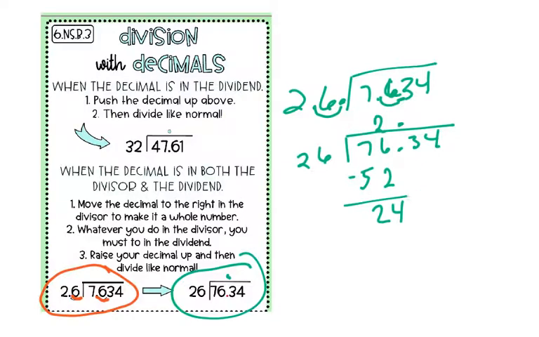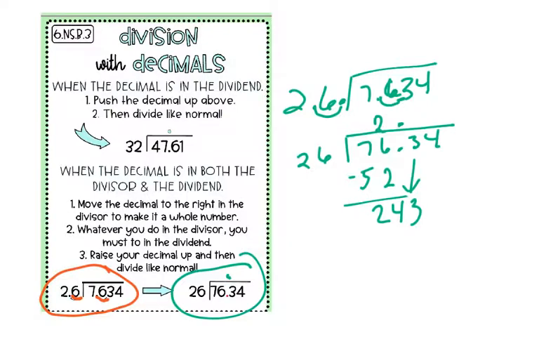I need to bring down this 3. Okay? So now I'm at 26 going into 243. So you're going to say, how many times will 26 go into 243? Well, 26 times 10 is what? 260, right? 243 is close to that.